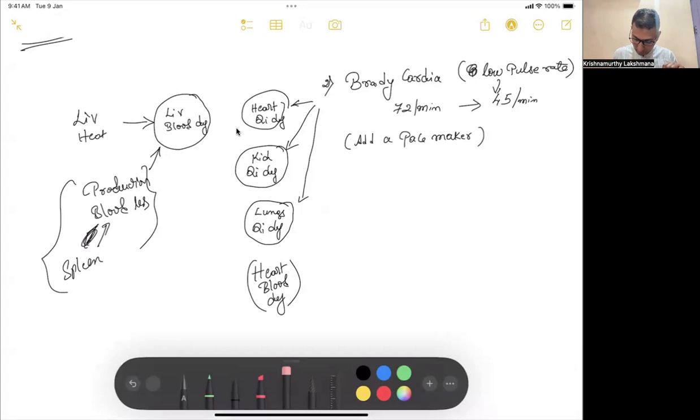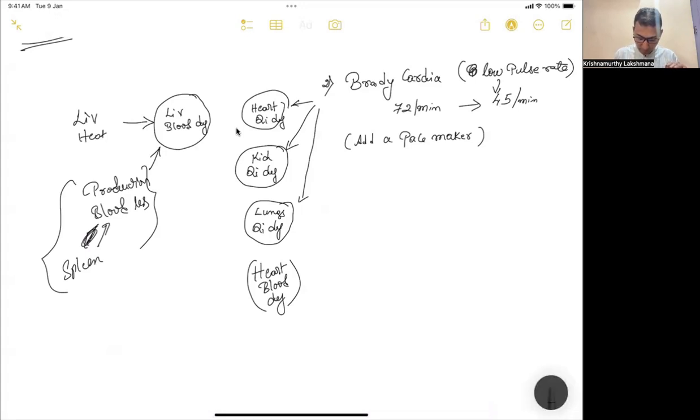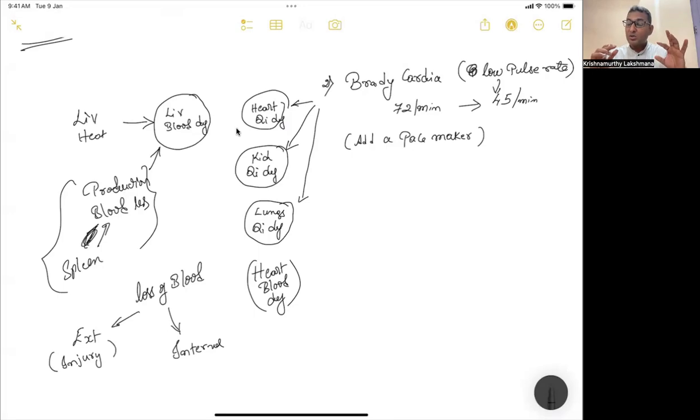Sir, what is that case? That means there is internal bleeding. Loss of blood. I will come to it. Loss of blood can be external and internal, as well as external also, because if we have some wounds, accidents, some injury because of which a lot of blood is lost, so the blood in the system will be less.